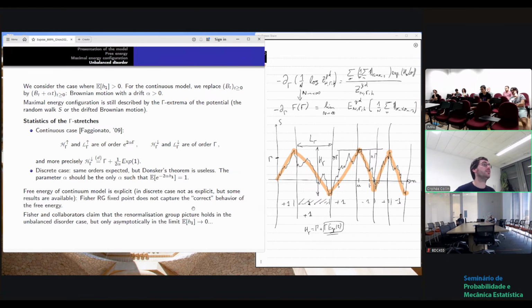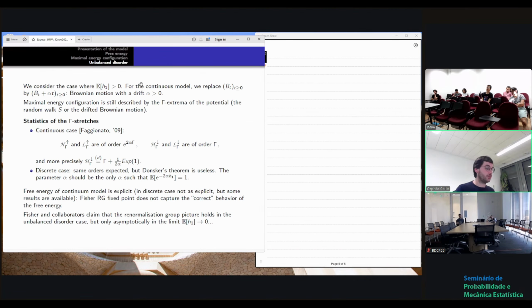So the case where now the disorder is not centered. Let's assume the expectation is positive. Now the situation is different because our environment is a random walk with a drift.